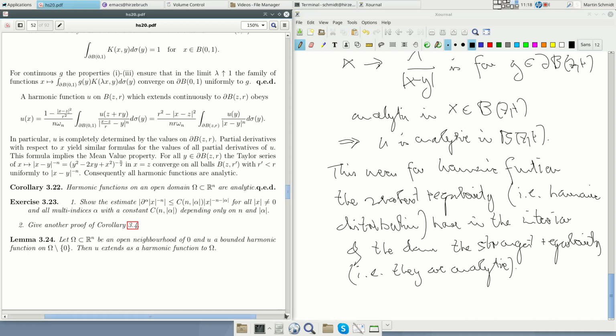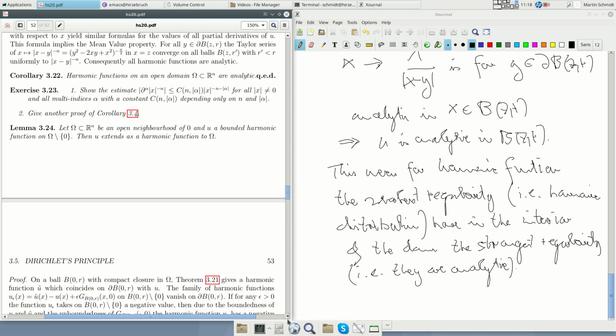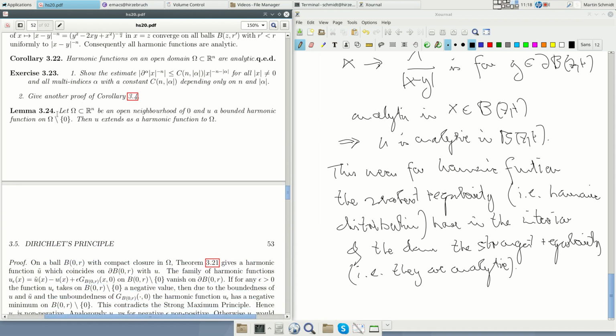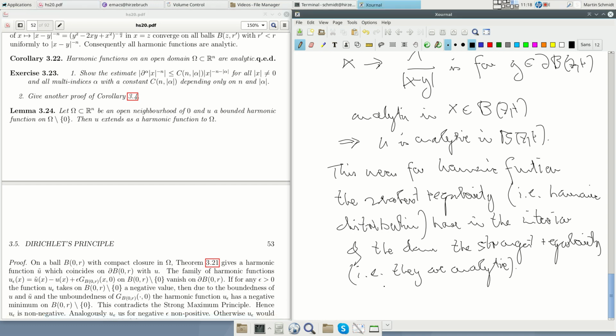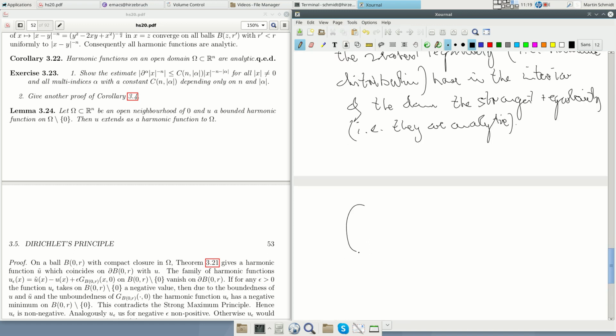Okay, now finally we also prove an extension theorem. A bounded harmonic function which is harmonic on a punctured domain. So we have here some domain omega, and we have one point sitting in omega, and we say that if it's harmonic on omega without any point 0, any point x0.